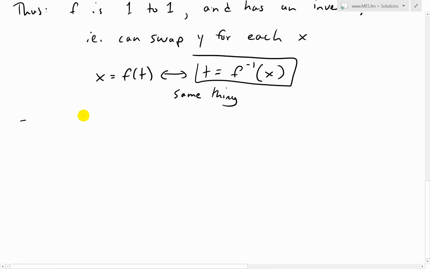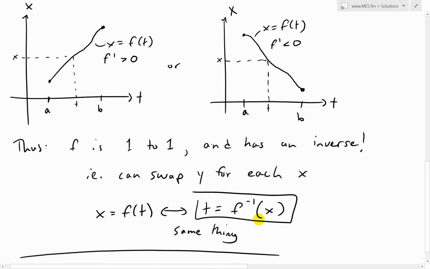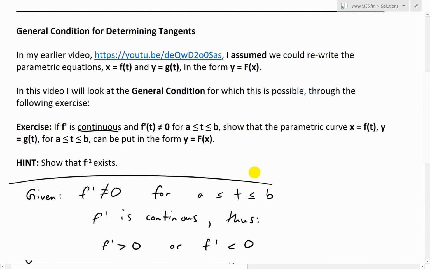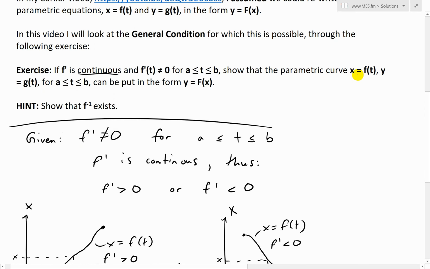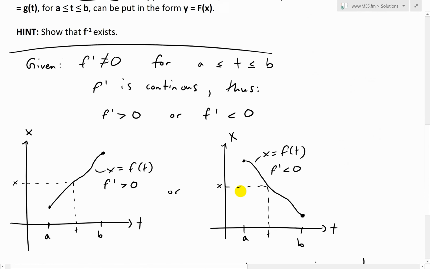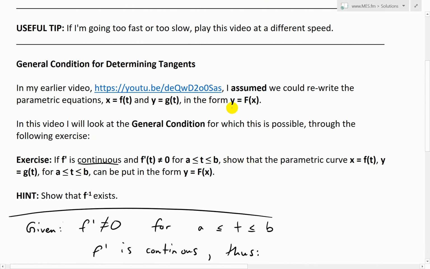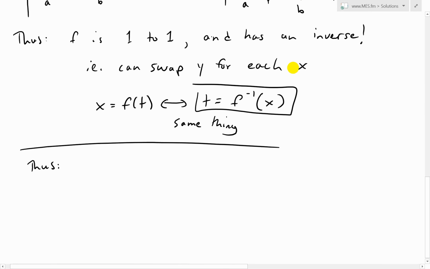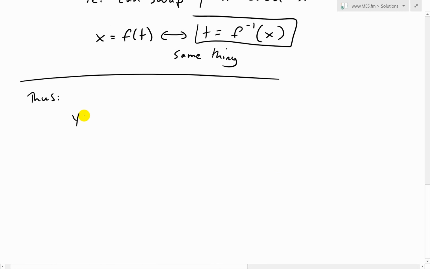So now, we know the second parametric equation, y equals g of t, that is the second one. We have x equals f of t. But now if we write y equals g of t, remember at the end of the day we're trying to find y as a function of x. So y is equal to g of t, but now that we have t as a function of x, the inverse, we can throw this inside.